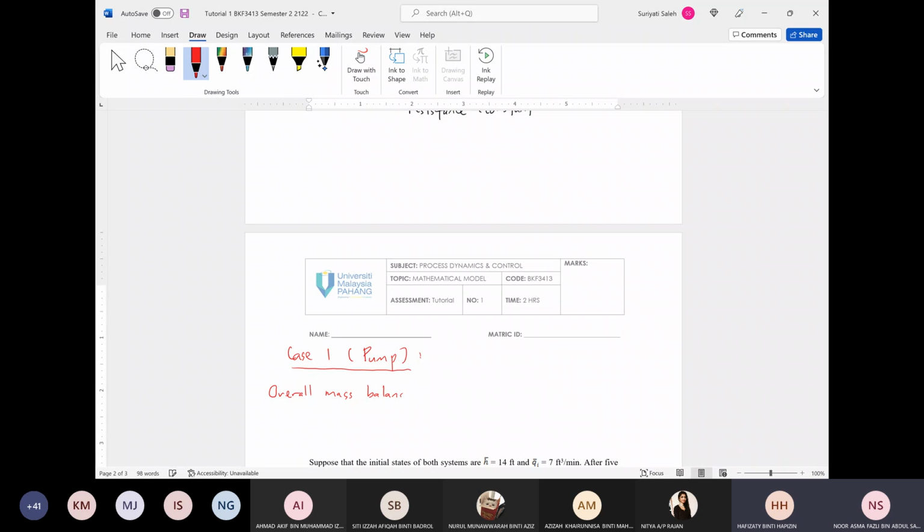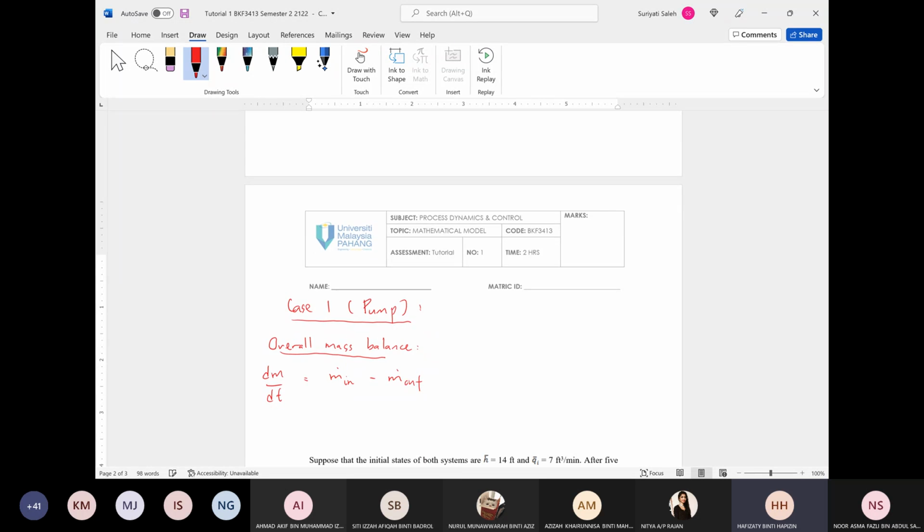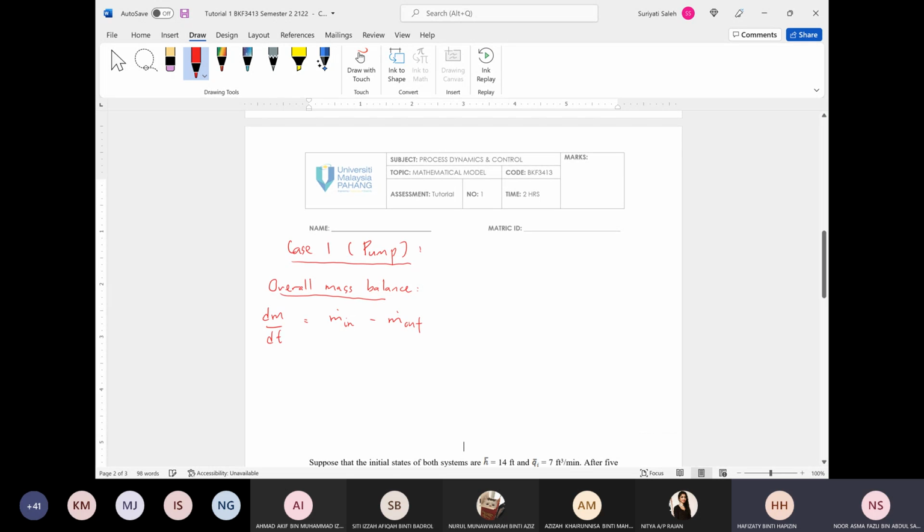In the overall mass balance, we start with dm over dt equal to mass in minus mass out. Here we can relate the m with the density multiplied by volume. So you get d(rho V) over dt equal to m in, the mass flow rate coming in.